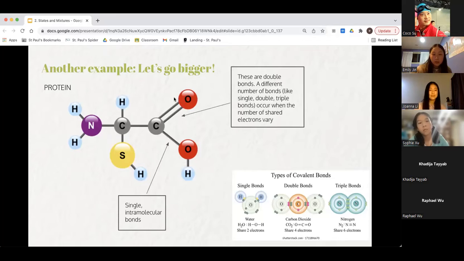Whereas here, when we have a double bond, it'll be sharing 4 electrons or 2 electron pairs, which is why we see 2 bonds right here. That can be drawn on a diagram similar to before, using more circles and more crosses to indicate the electron numbers.